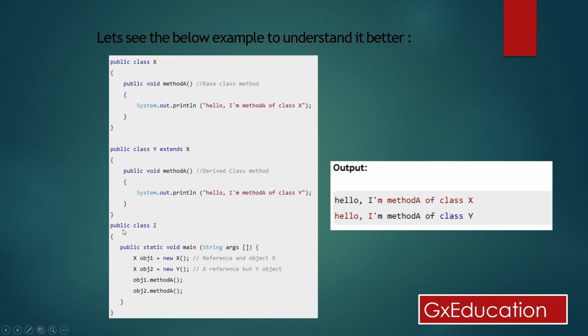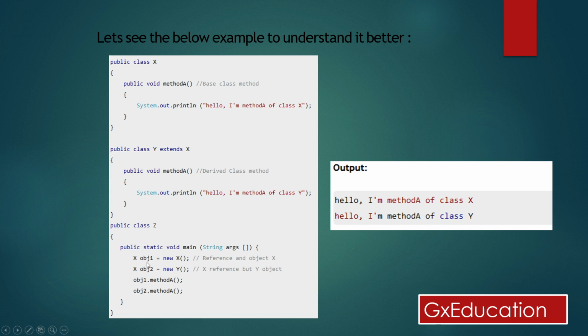Here again we use some public class Z, public static void main String args. Again X object1 equal to new X, X object2 equal to new Y, object1 dot method A, object2 dot method A. Here we close the class, then the output will be: hello I am method of class X, and hello I am method of class Y, and both statements are printed by using this.